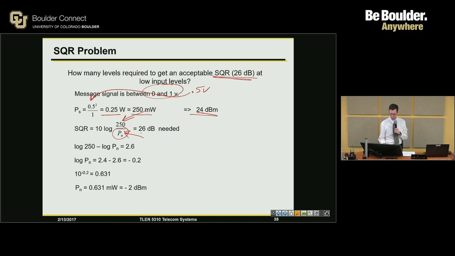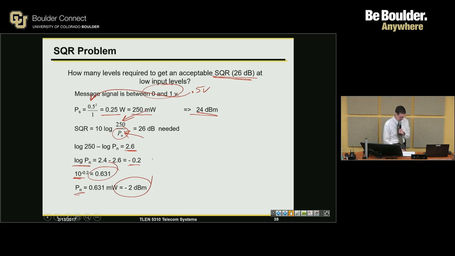If I solve for the noise power, I get log of 125 minus log P of n equals 2.6, which means log P of n is minus 0.02. I use 10 to the x to solve for that. So 10 raised to the minus 0.2 is this value. So my noise power, if I solve for it, is minus 2 dBm.